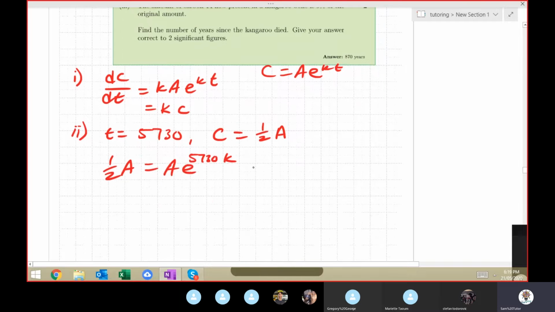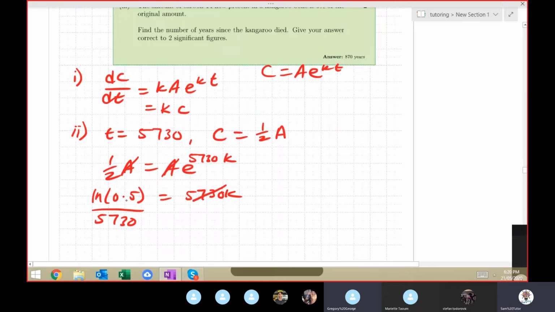What do we do? We're solving for K. What's my next step? Divide by A and then log both sides and you get rid of e. You're left with this, and then you divide by 5,730.